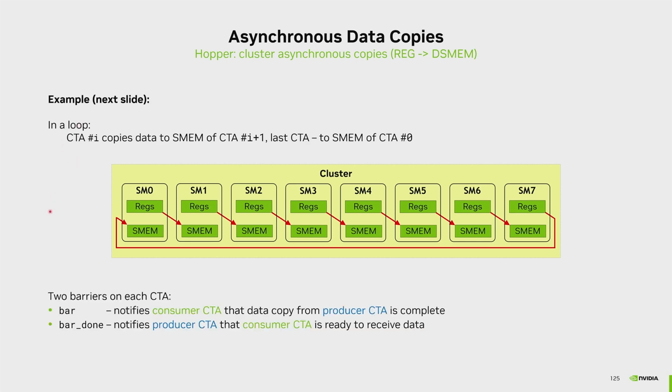To implement this code, we need 2 barriers. One barrier notifies the consumer CTA that the data copy from the producer is complete. And then, if you want to go into the next iteration, the consumer needs to notify the producer that it's ready to receive data for the next iteration, to avoid overwriting.